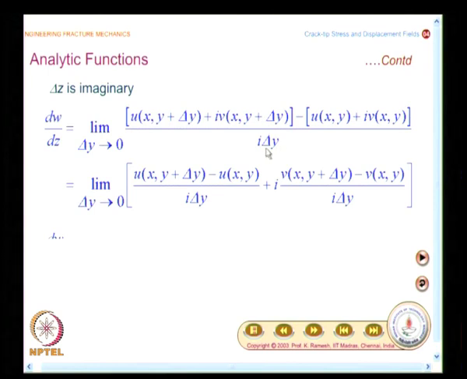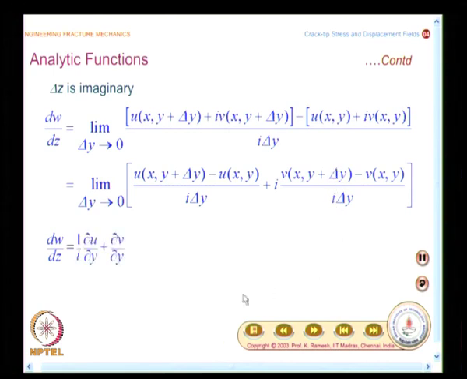So, you have this as i delta y coming to the picture, and suitably these expressions are written. Here again you write the generic expression, then segregate them by real and imaginary parts, and you could comfortably write this as 1 by i dou u by dou y, and you will have this as dou v by dou y.